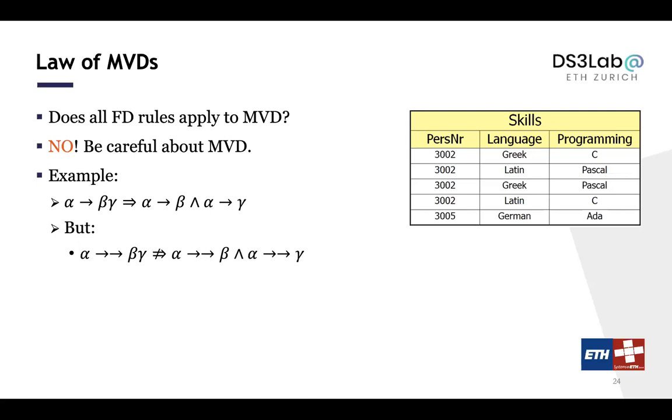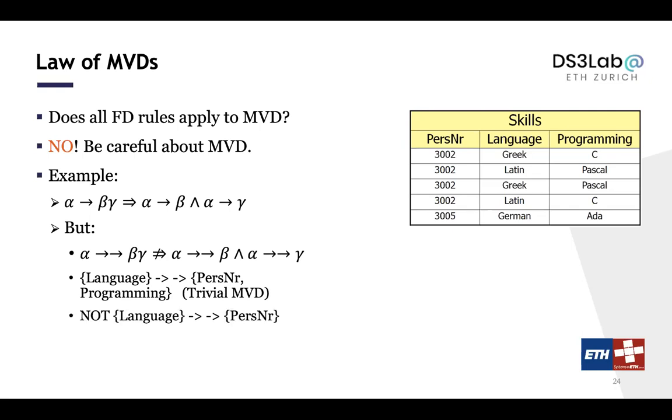Clearly, this is not true for multi-value dependency. Here's just one example. In this relation, I have a trivial MVD from language to personnel number and programming. But I do not have MVD from language to personnel number, for clear reasons.